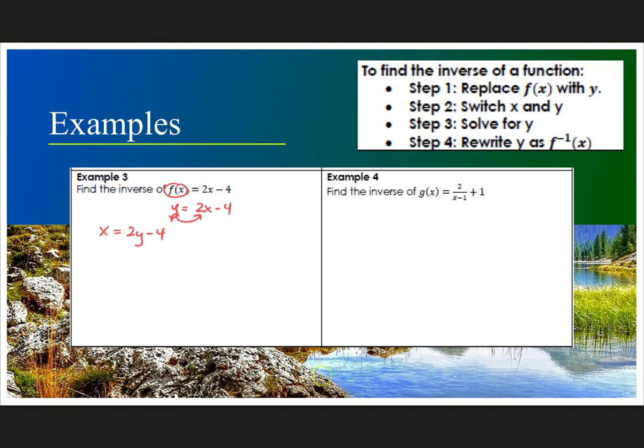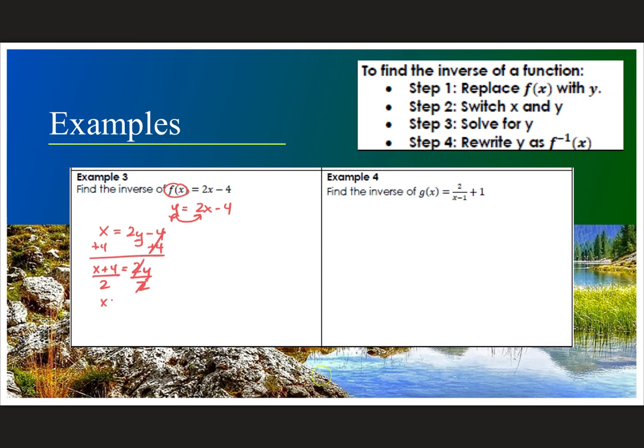And then step 3 is to solve for y. So I have to get y by itself. We always move the constant first if we have one, because it's the easiest and it's the one that doesn't affect everything else. So we have x plus 4 equals 2y. And then to get the y by itself, I'm going to divide both sides by 2.